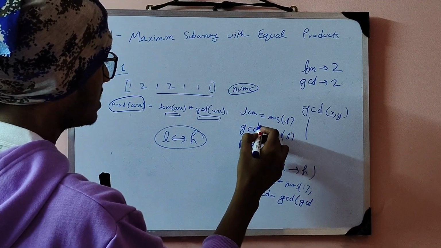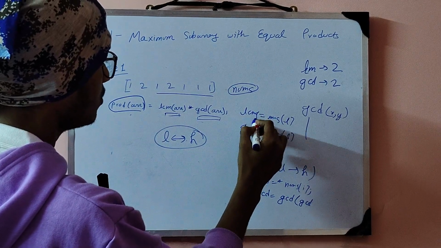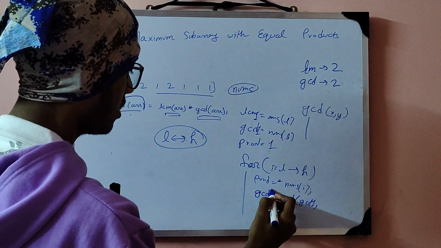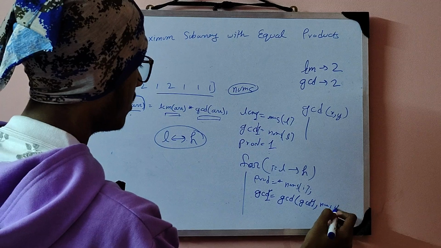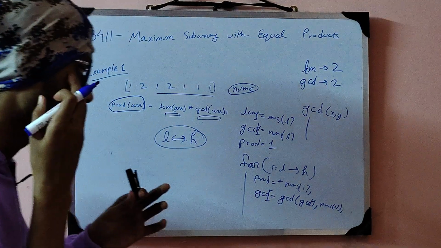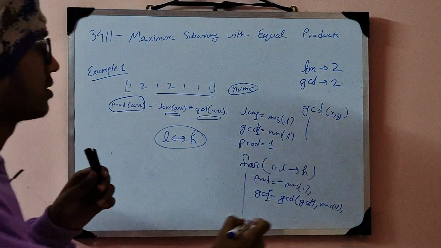Suppose this is a variable, so make it GCD1. This is the function. I will pass GCD1 and nums of i. For the first time it will return nums of i as well, because these are two numbers.